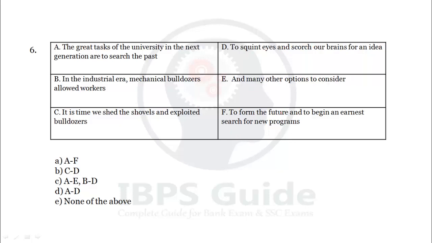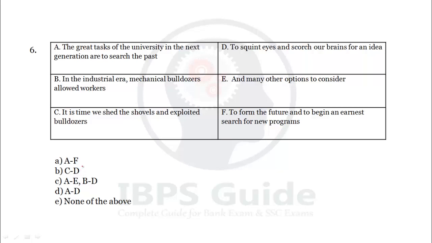And F option, to form the future and begin an earnest search for new programs. First option, AF: a great task for the university in the next generation are to search the past, to form the future and begin an earnest search of new programs. The great task of university, that is search of new programs. A and F is the correct option.